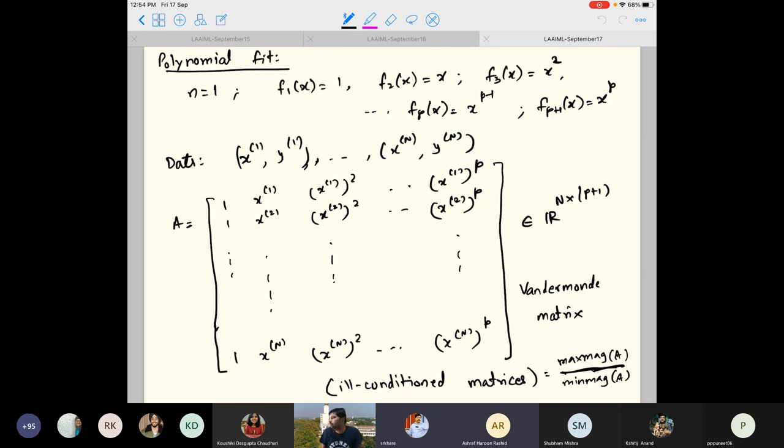I don't think overfitting is really this. Overfitting is basically when you have very good training performance but very bad testing performance, is it not? Yes, sir.